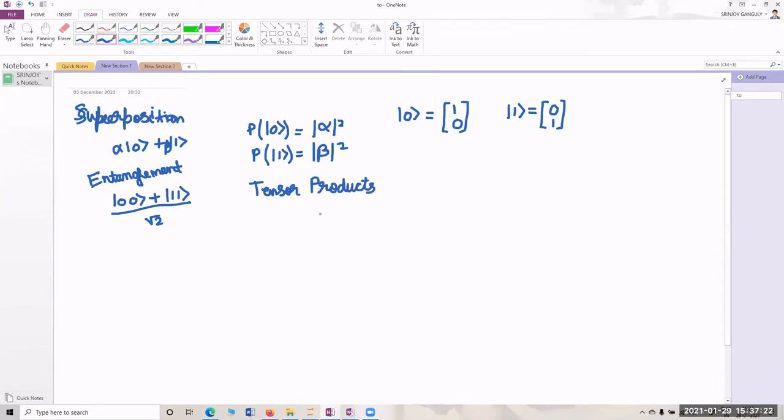To compute tensor products, we have our states 0 and 1. So let's compute the tensor product separately for the 00 state and the 11 state.